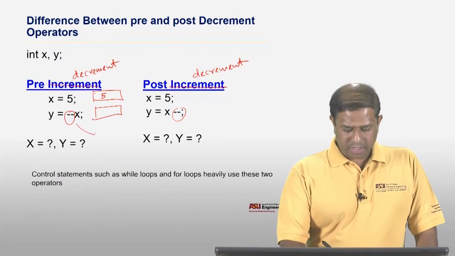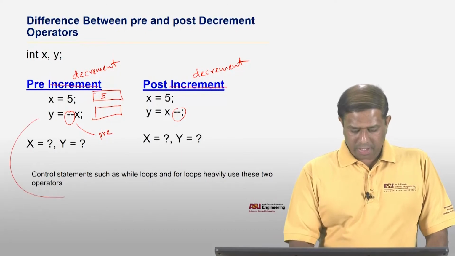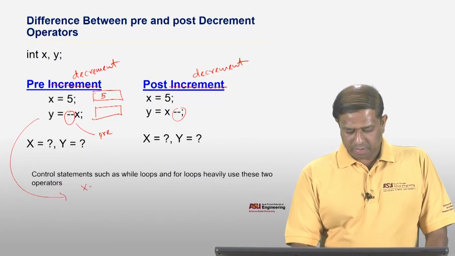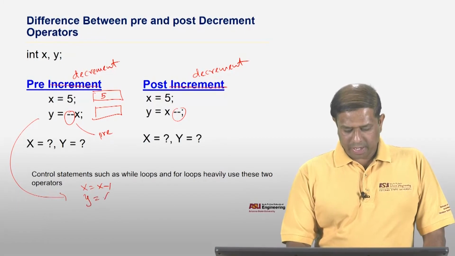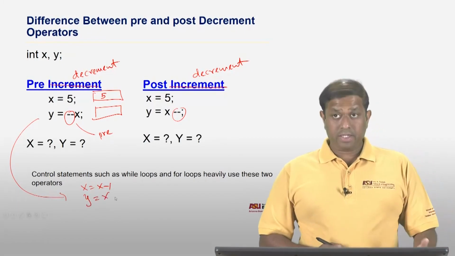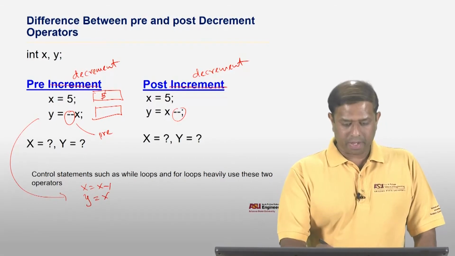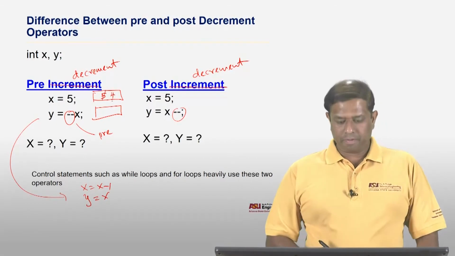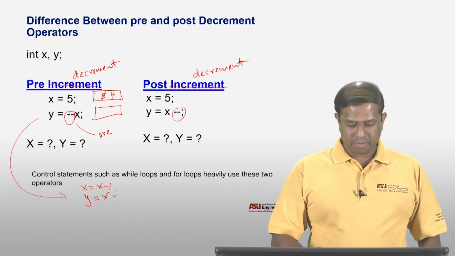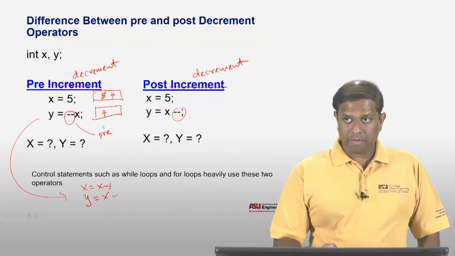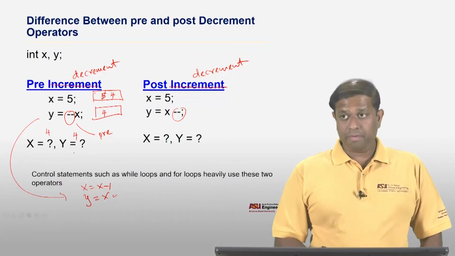Since this is pre-decrement, we know that this statement is equal to x equals x minus 1 and then y equals x, right? So when you have x equals x minus 1 first, we subtract 1 from x, so x will be 4, and then we assign the changed value of x to y, so y will be 4. So in this case both x and y are going to be 4, right?